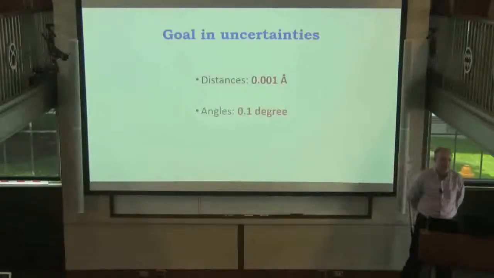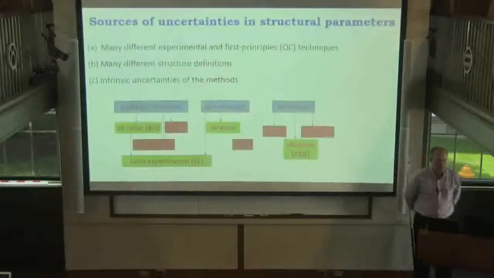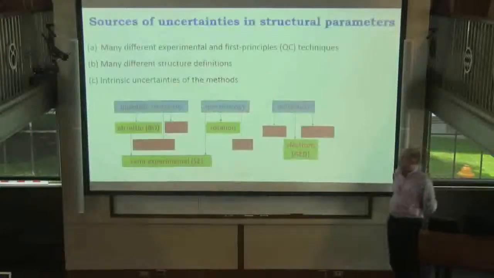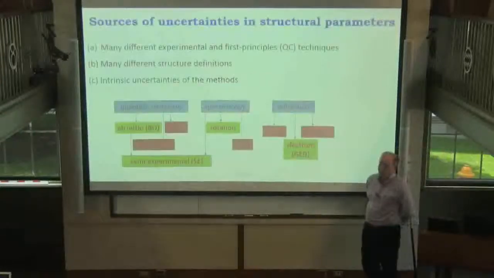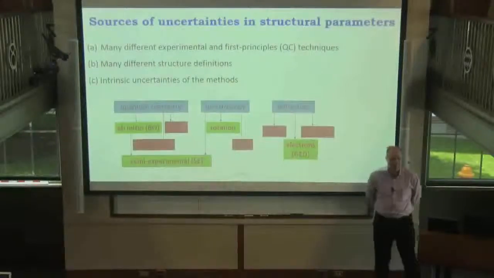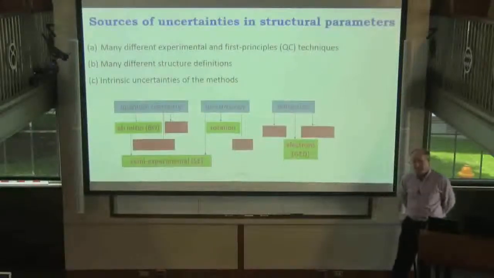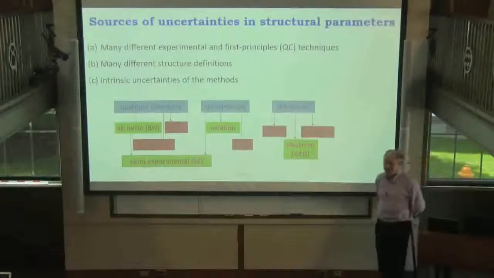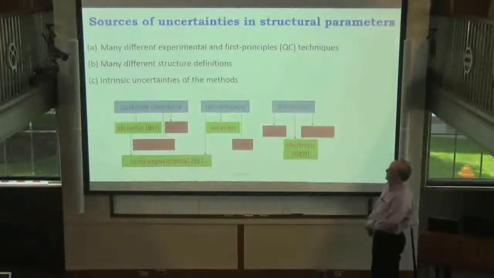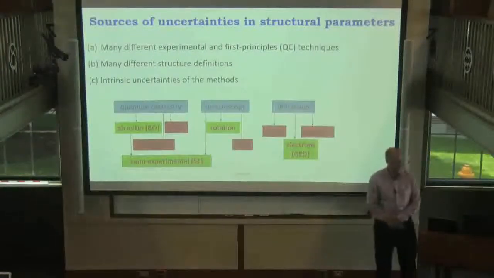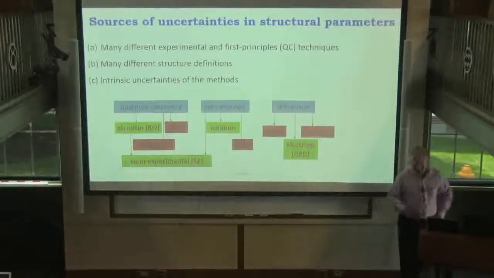You may realize later on that this goal is not easily achievable, although it is claimed even for diatomic molecules that one can go to 10 to the minus 6 accuracy, one out of 10 to the 6.